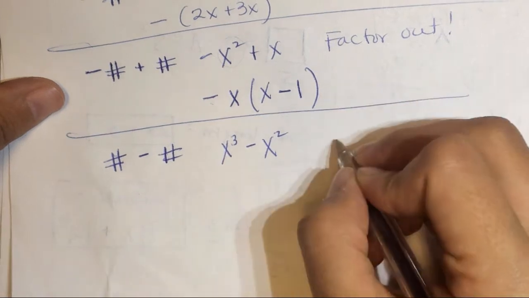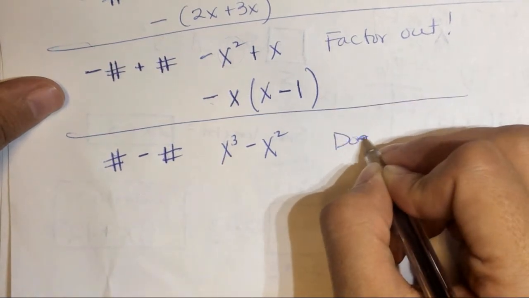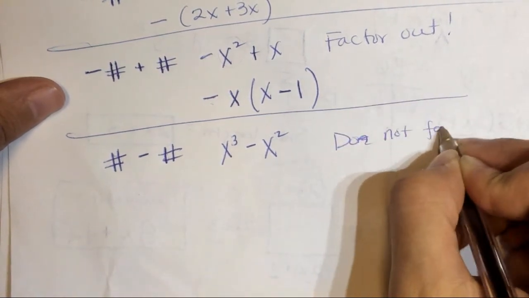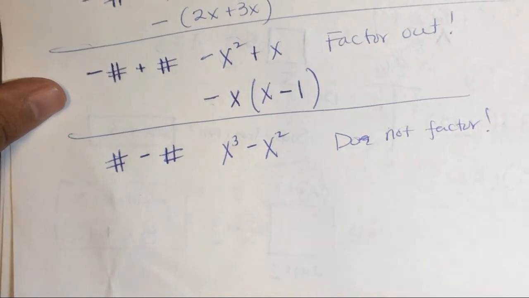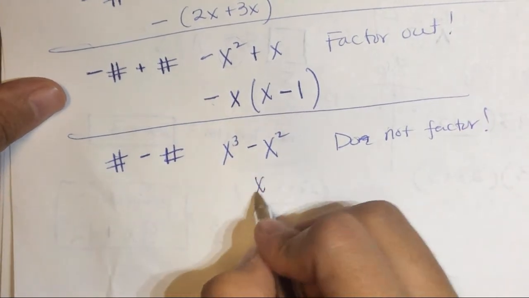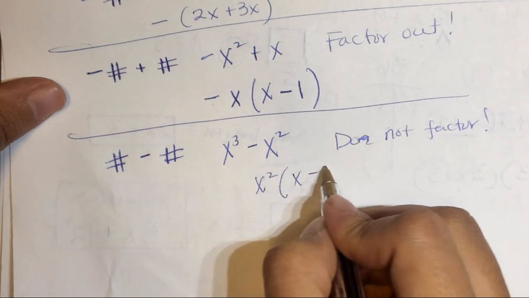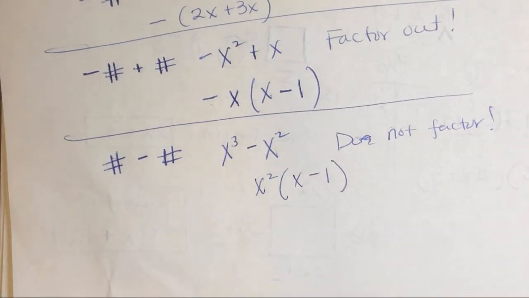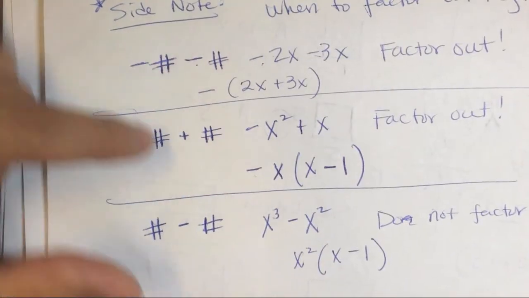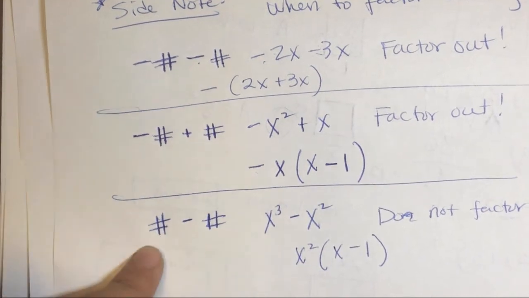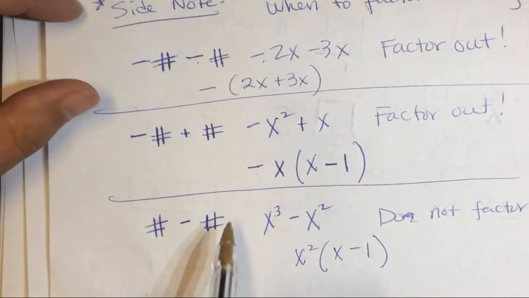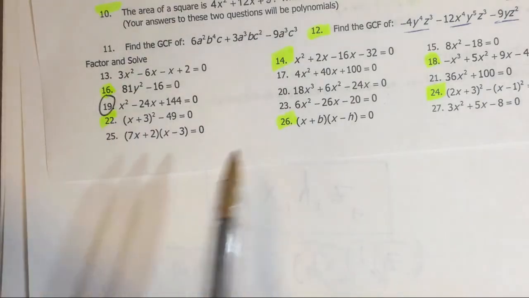Here you do not factor out the negative. You would just factor out an x squared, so you get x minus 1, just like that. So it's only when they're both negative or you have a negative in front. But if you just have a positive number and a negative number, you do not factor the negative in front. With that being said, let's look at number 12.